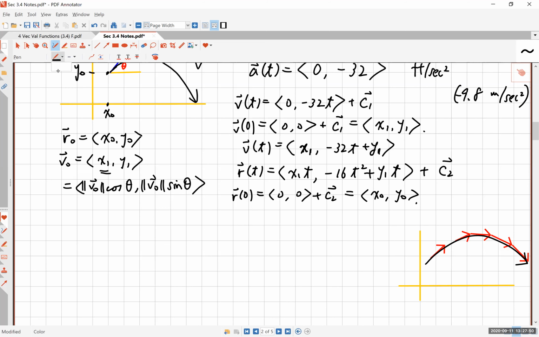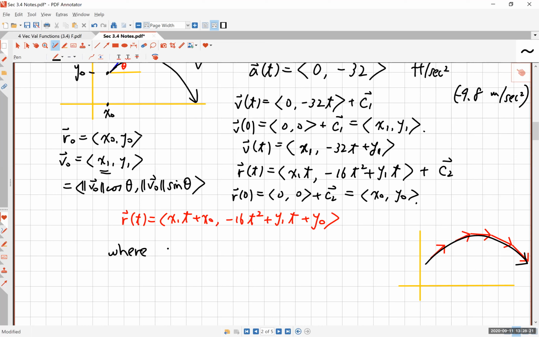All right, so here's your solution. R of t, this is the position function. That is x1t plus x naught, comma, negative 16t squared plus y1t plus y naught, right? And so that describes completely the motion of this object at any time t. So you could also describe here where the x naught, y naught are given.